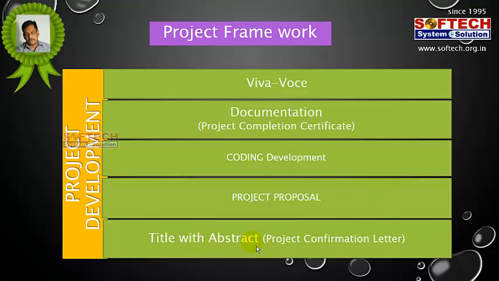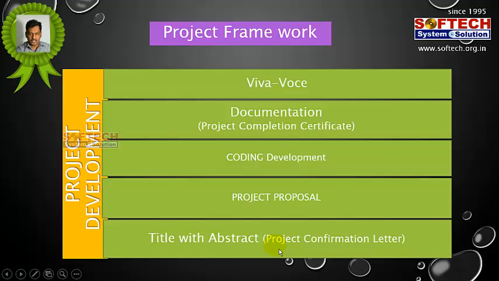In the second step, after step 1, the title with abstract, the existing system and the proposed system, he submits the abstract to the college, that is, the internal guide of the college. Then they ask questions about the current project, the abstract, demerits, the existing system and all things, the feasibility of the project.